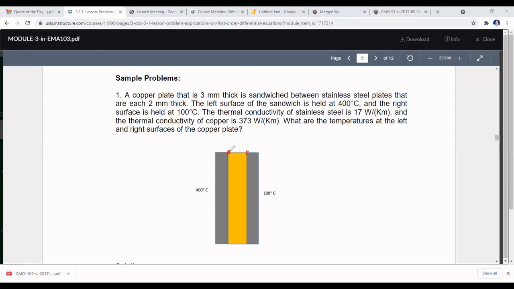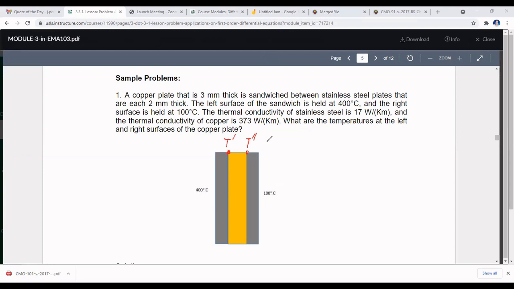Since we do not know them, you can assign any letter that you want. In my case, I'd like to label it as T prime, and this part here is T double prime. This part here is 400 and this part here is 100.